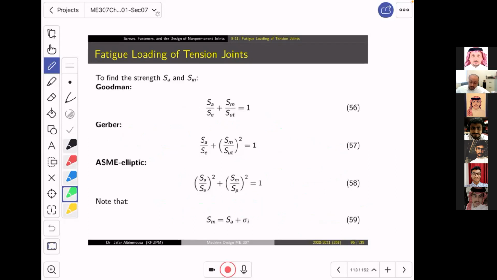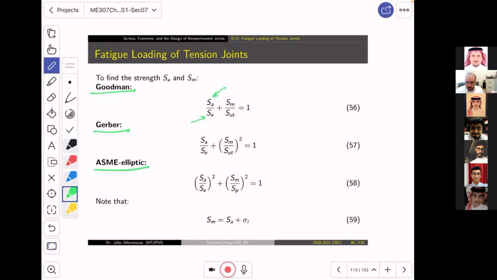We go to our friends, which are Goodman, Gerber, and the Azmi elliptic. Do you see that? Now, we know that for Goodman, we put the strength amplitude. Whenever we put S, it means it's a strength.